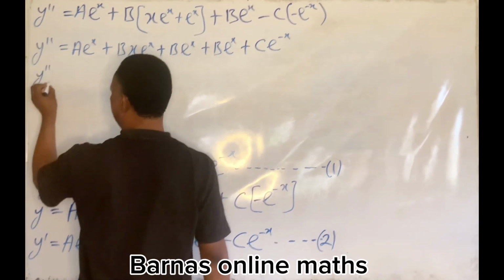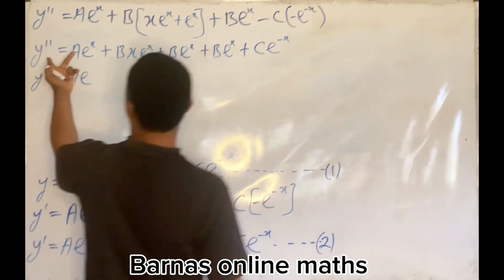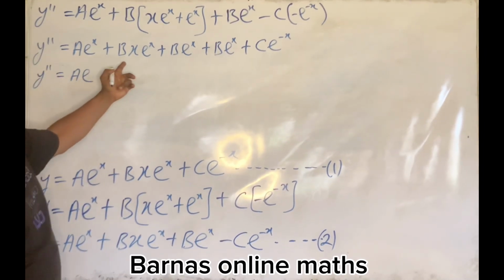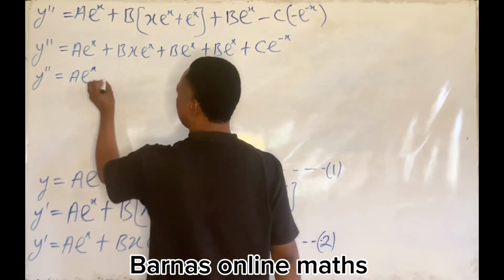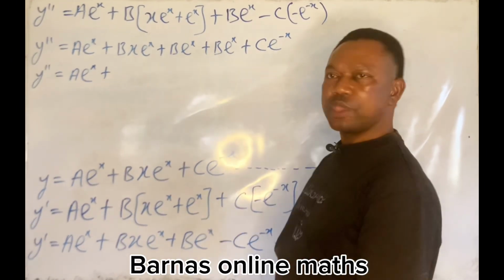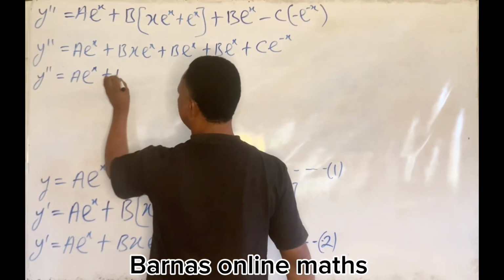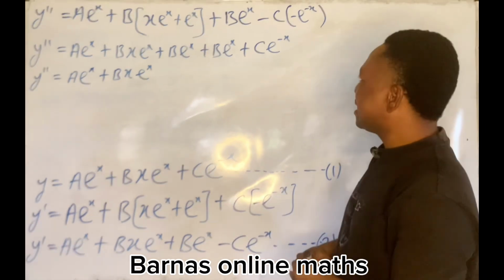Okay. So if we go further, you find out that y prime prime will be equal to a e to the power x. Any other a e to the power x? No. So a e to the power x, then plus b x e to the power x. Any other term? No. Bring it down. b x e to the power x. Now look at this.